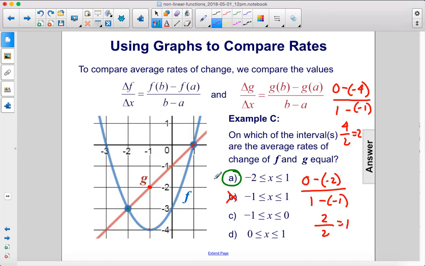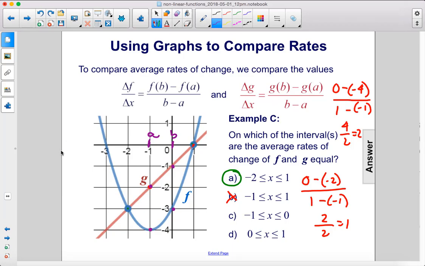Alright, let's move on to c. So from negative 1 until 0. So we can see that's here to here, and that's also from here to here. So for f, we have f of b, so this is going to be a and that's b.